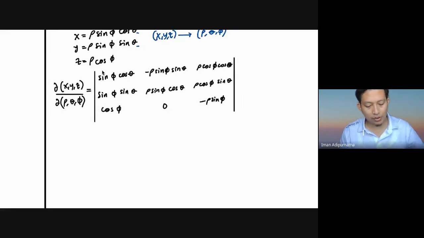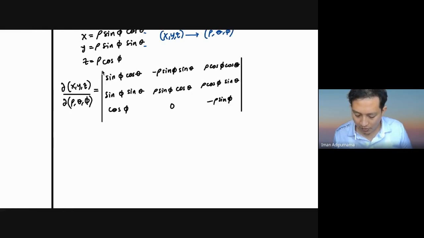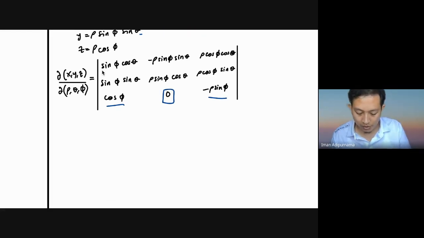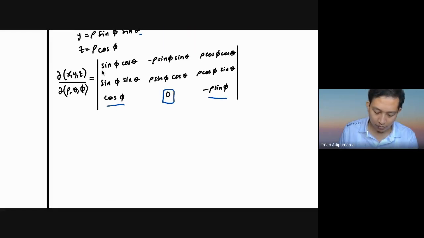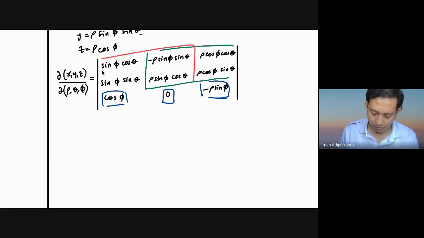And now let's evaluate this. Okay, the giveaway that you can observe is this has a 0, so let's use this as our value to compute the determinants. Okay, because it's 0, we need just these two, right? And compute this determinant, compute also this determinant, right?